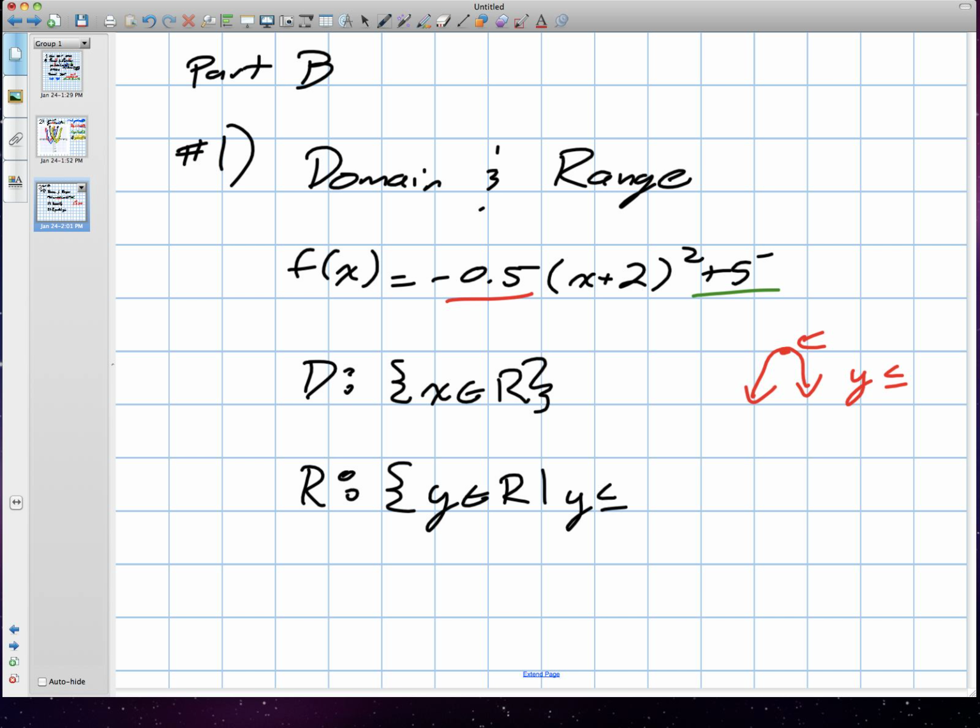So whatever our vertex is, we know the y value is going to be positive 5. That is the absolute highest point, because this is a max, because the A was negative. So y has to be less than or equal to that number when we set up our domain and range. This question wants us to complete the square, which essentially means put it in vertex form.